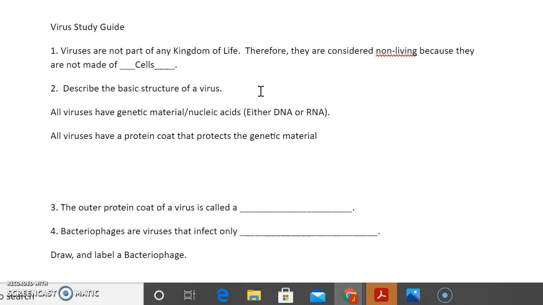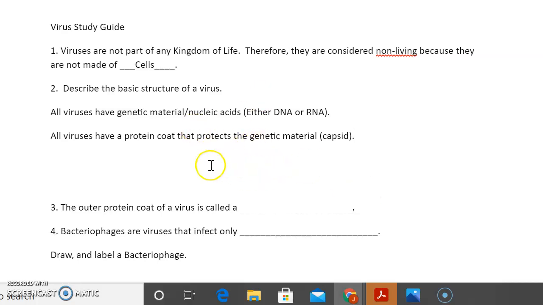That's called the capsid, and it is made out of protein. They have different shapes based on that protein coat. Some are round, or called enveloped. Some are helical. Some are polyhedral. Some are rod-shaped. But it's all based on that protein coat.